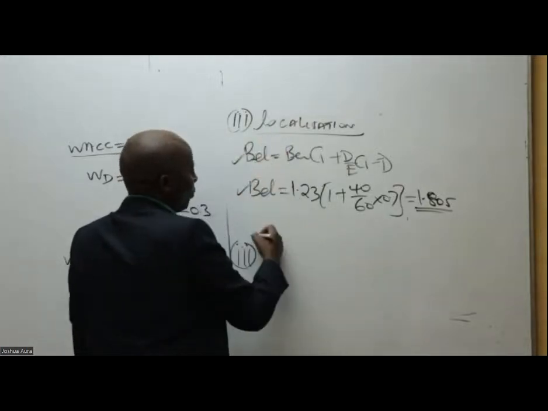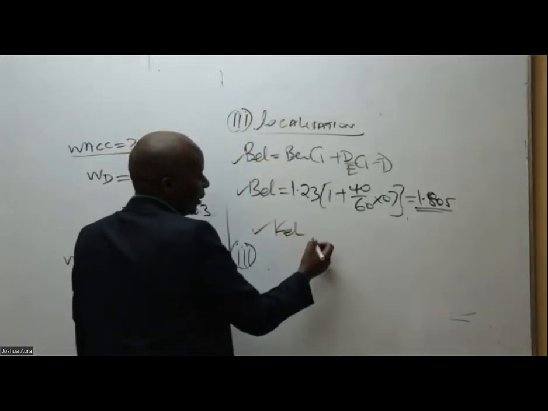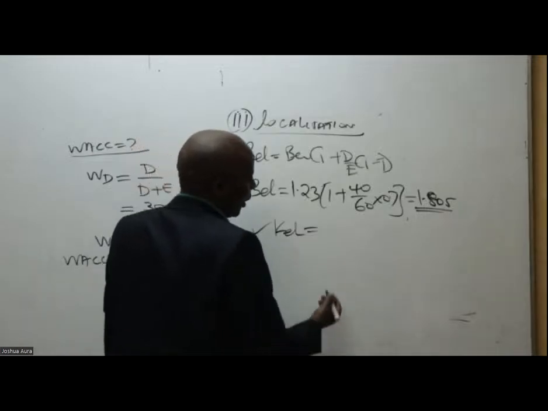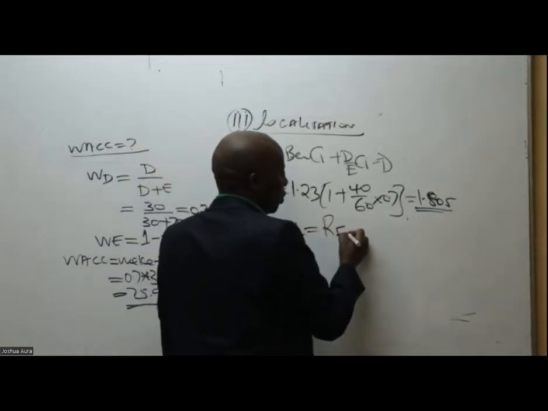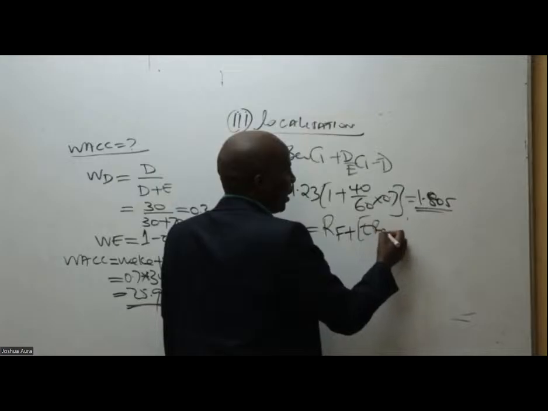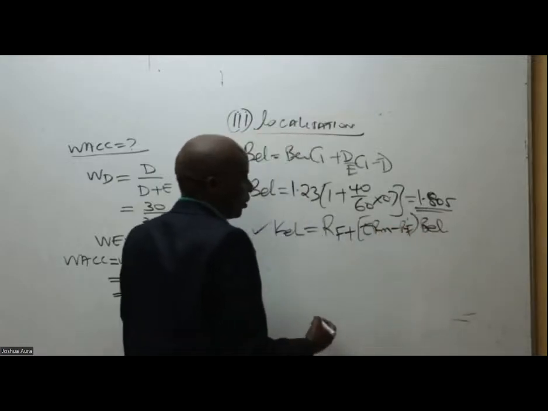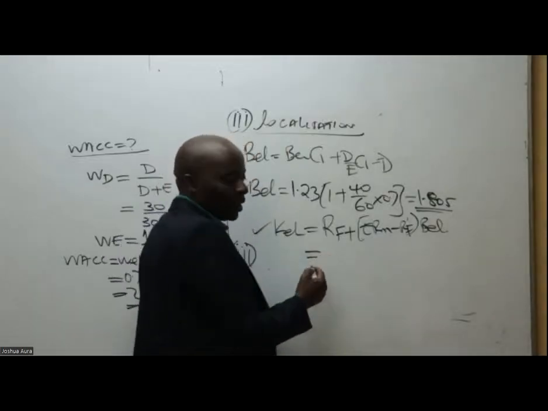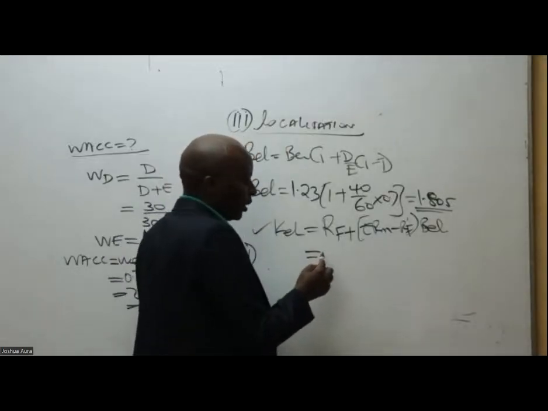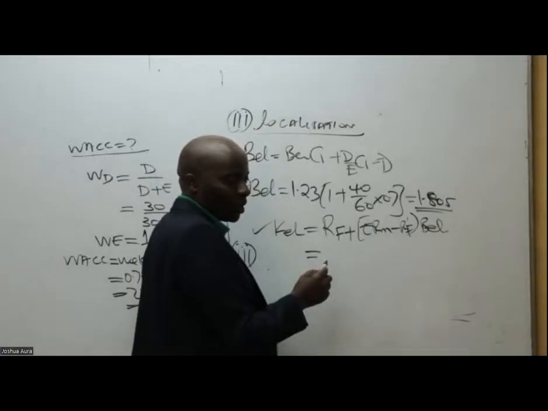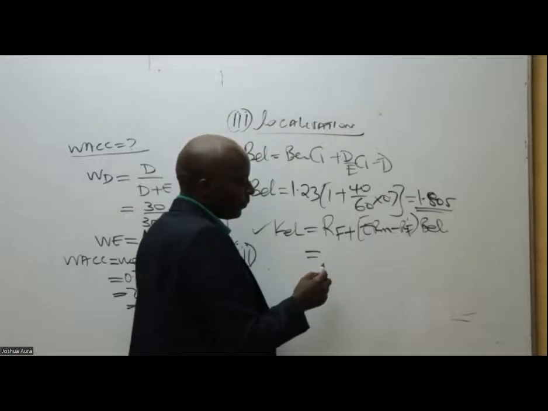Ladies and gentlemen, I'll be able to move to the next thing, which is the CAL for the organization. I'm using CAPM. It is risk-free plus returns of the market minus risk-free multiplied by the BEL of the organization. Risk-free is what percentage? Risk-free, 10.